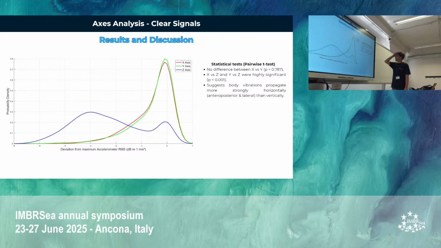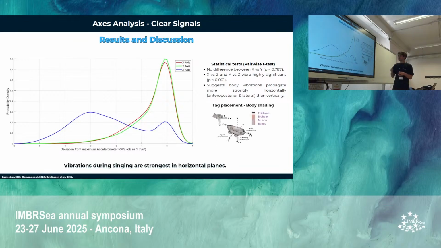We did a pairwise t-test, and we didn't see a significant difference between these two axes, but with the z we did. So basically in Norway, the vibrations during the singing were strongest in the horizontal planes. But this could maybe be explained by the tag placement, so it's still something that we have to research more.